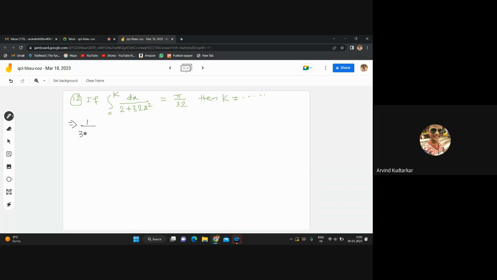Yes, that is x square plus a square. And what is the result of x square plus a square? We know the result here. The integration of dx upon x square plus a square, how can we take this result? Then what will be its value? 1/a times tan inverse of x upon a. So its value was tan inverse of x by a. So in the same form you can write this.